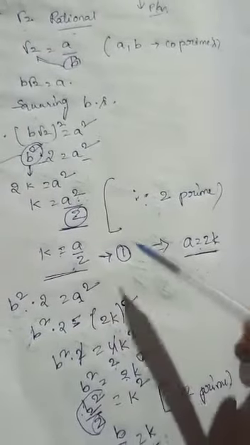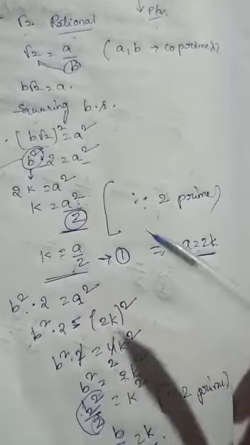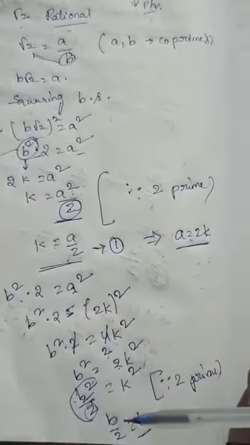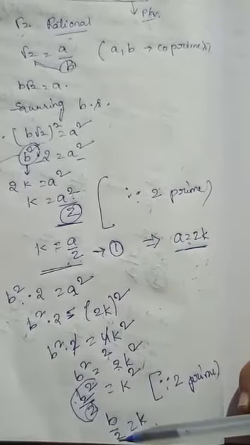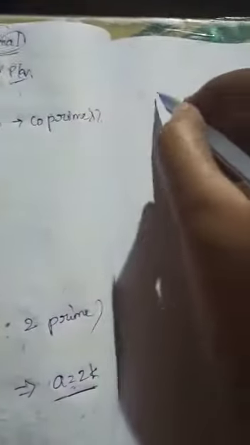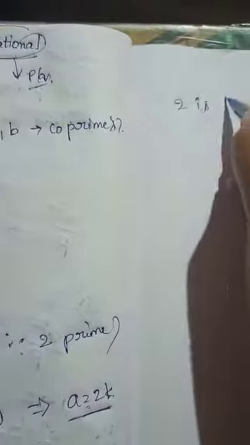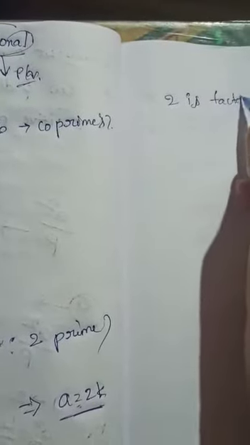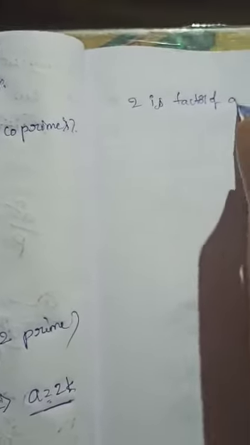Okay. Here 2 is one of the factors of a. Here 2 is one of the factors of b. Okay, so 2 is a factor of a and b.